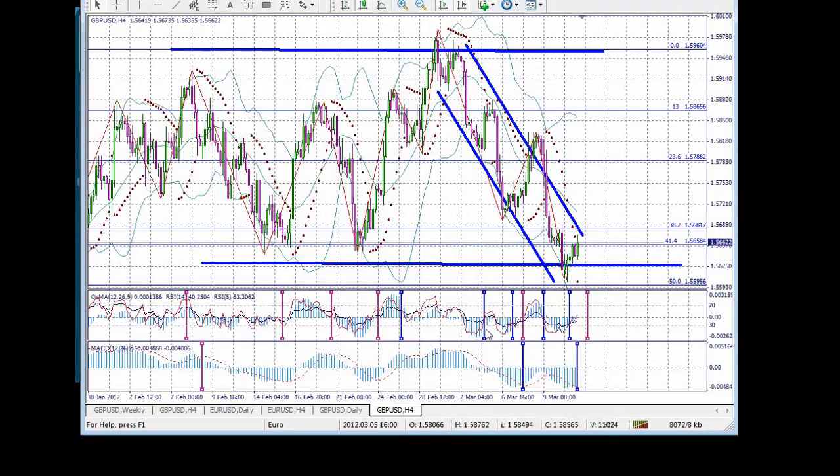Here it was one confusing signal because it was a signal for buy in this area, and indeed the pair went up, but I said that it was confusing because in MACD we have a signal for sell. Actually, when the line and the histogram went above zero, the signal should be for sell, not for buy.